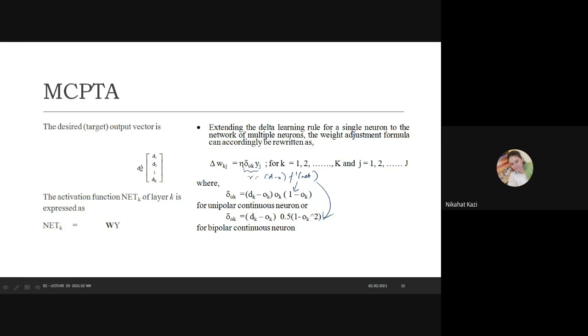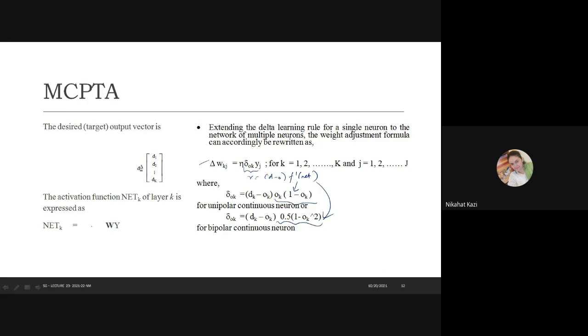So the same idea is extended now to a layer of multiple such neurons. Each neuron is a continuous perceptron, right? So for each of the neurons, you have to apply this weight update.